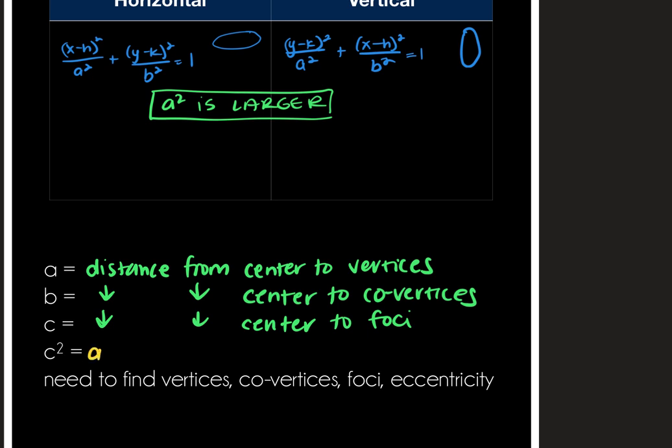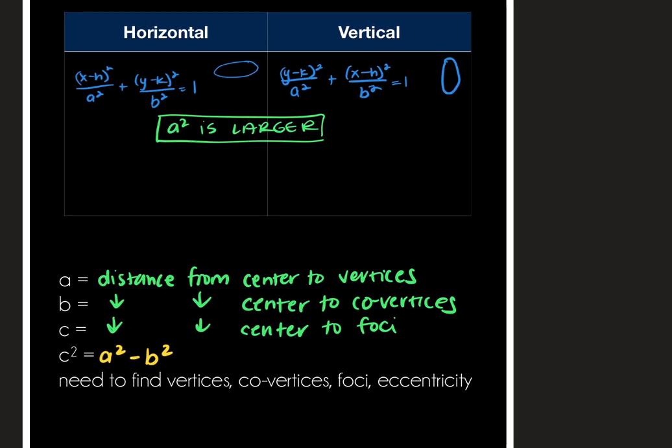Your c squared equals a squared minus b squared. Remember, it's the opposite sign of your standard form. Also, for both of these, 2a is your major axis and 2b is your minor axis.